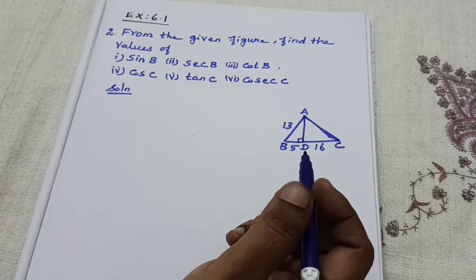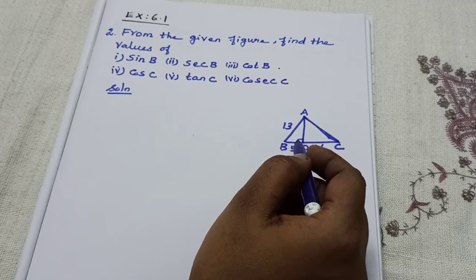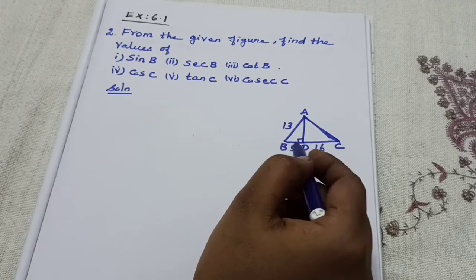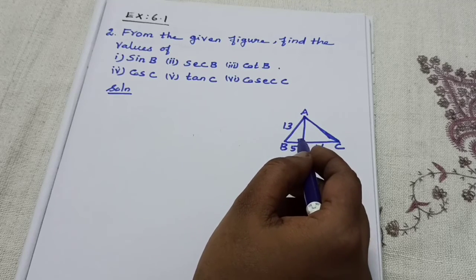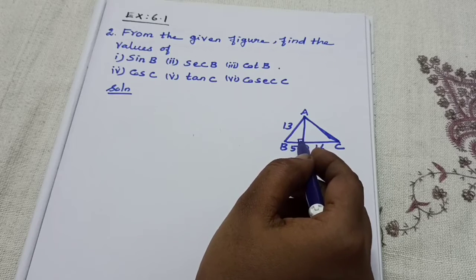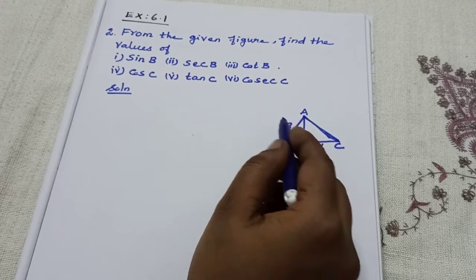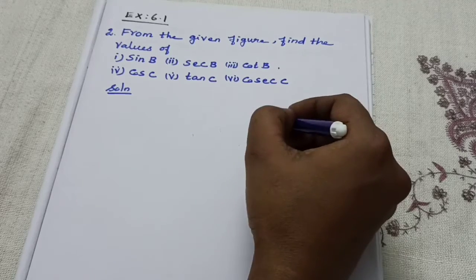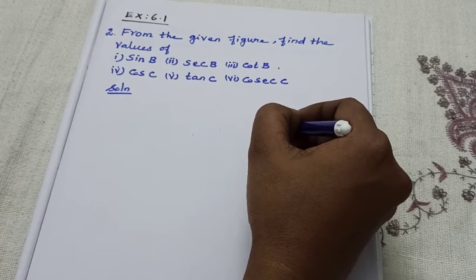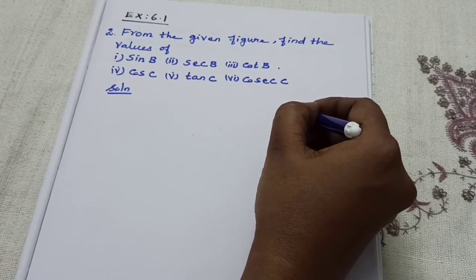Shall we find it first? First we have to take this triangle ABD, which has the 90 degree, isn't it? This is 90 degrees, so which is the hypotenuse? The side opposite the 90 degree is called what? Hypotenuse. This is the hypotenuse.